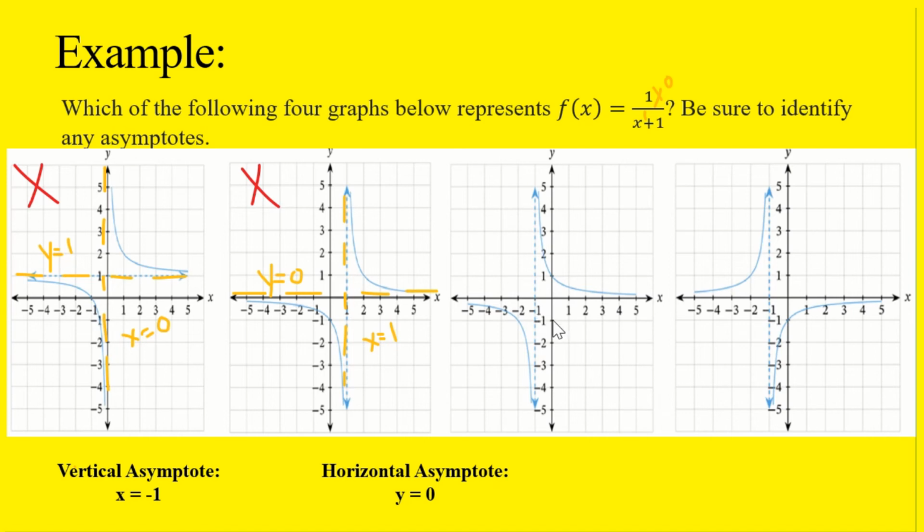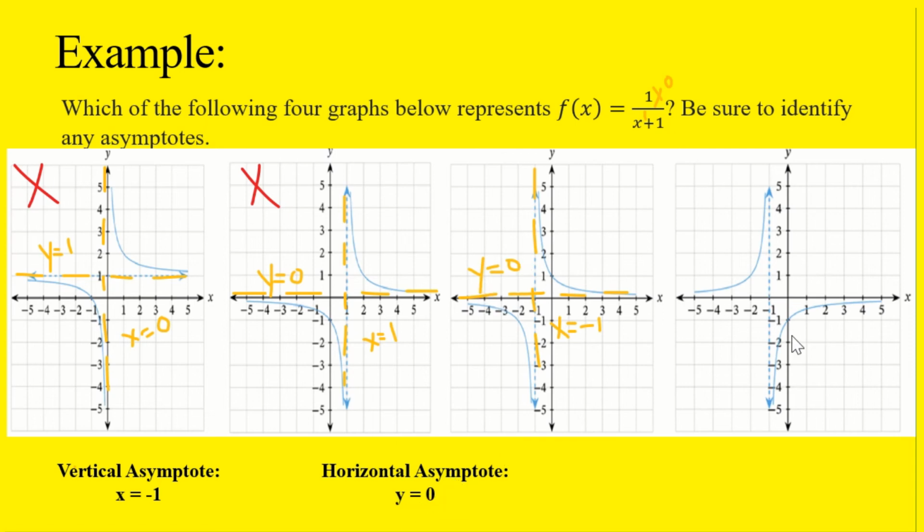Now take a look at our third graph. It looks like we have a vertical asymptote indeed there at x equal -1, and then we have a horizontal asymptote here at y equal 0. So that looks like it's satisfying our conditions: vertical asymptote at x equal -1, horizontal asymptote at y equals 0.